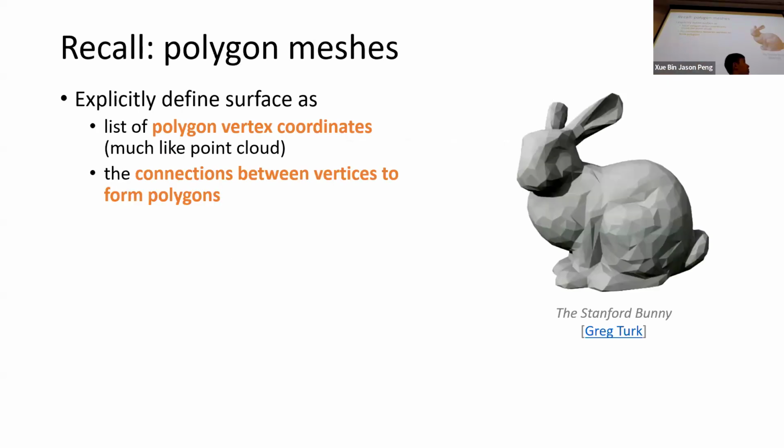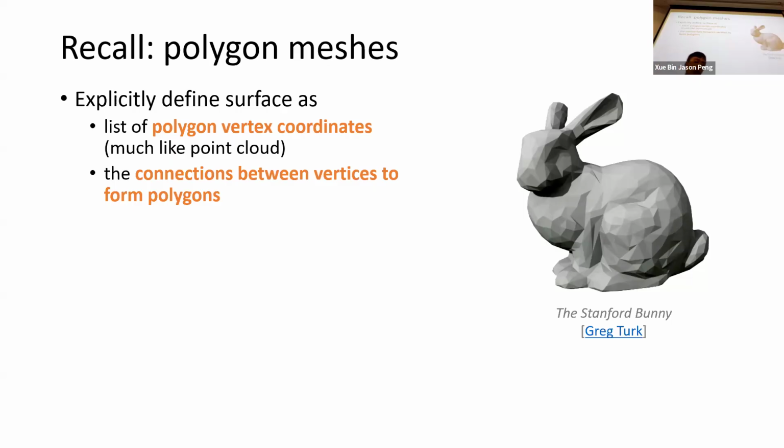Okay, so let's start by taking a look at what a polygon mesh is. A polygon mesh is a kind of explicit representation of a shape, where we represent the surface of a shape by using small polygon patches. One way that we can go about constructing a polygon mesh is to sample a bunch of points on the surface of an object, and then we connect those vertices with edges in order to form little polygon patches.